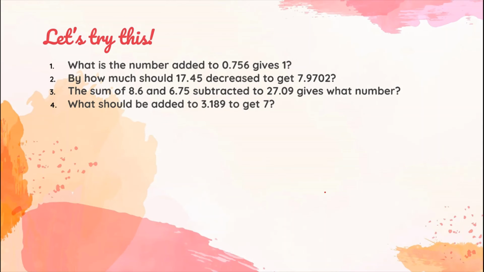This time, let us try to answer the following. Number 1, what is the number added to 0.756 that gives us a whole number 1? To answer this problem, the first thing we're going to do is subtract 0.756 from 1. So we have here whole number 1.